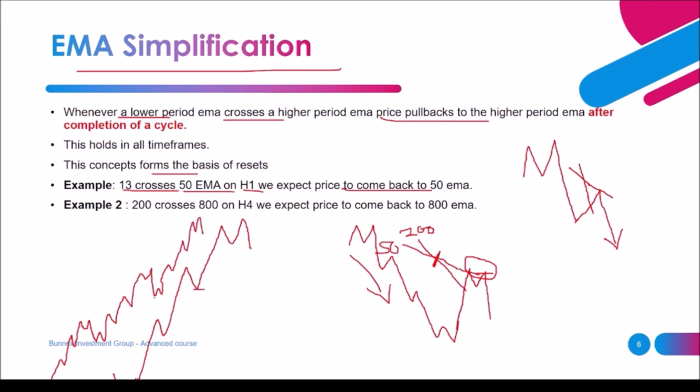This point being this one, and this point being this one. And these are called resets, which are basically cycle restarts. So this is the H1 time frame, and this is the H4 time frame.